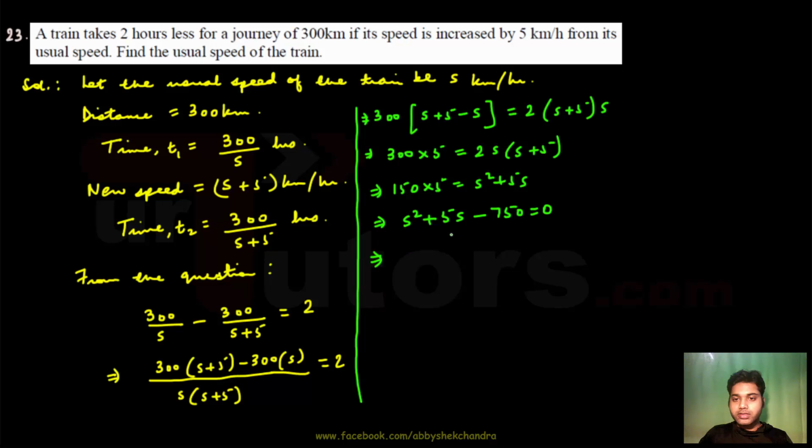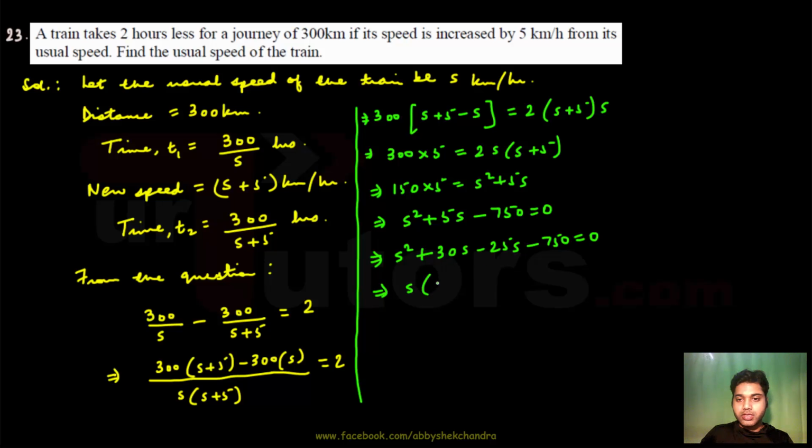Now we'll split 5s into two parts, so that the product of those two numbers is minus 750 and the sum is plus 5. So plus 30s minus 25s minus 750 will be equal to 0.